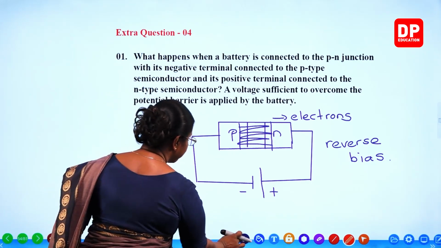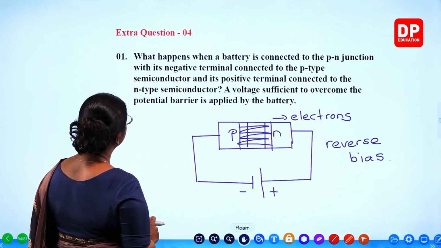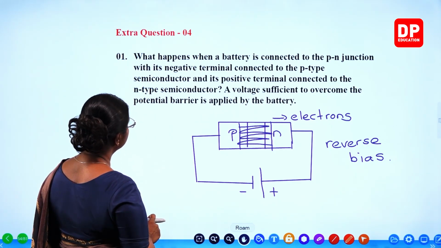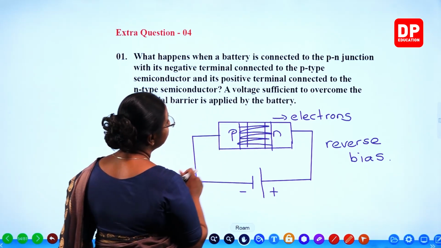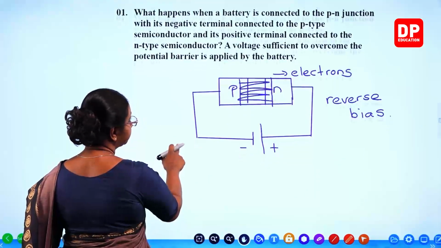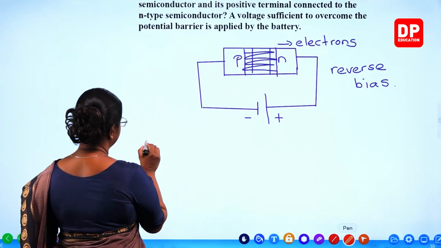So, we have to explain this. We have been asked what happens when a battery is connected to the PN junction with its negative terminal connected to the P-type semiconductor and its positive terminal connected to the N-type semiconductor. So here we have to explain this.